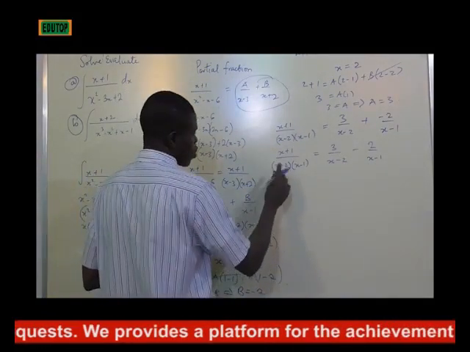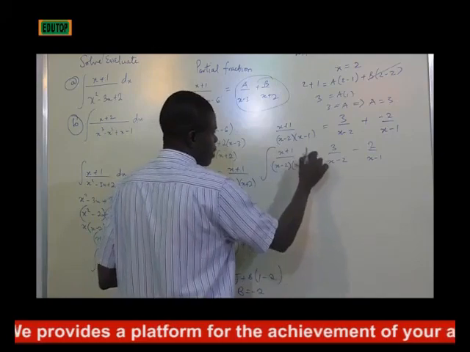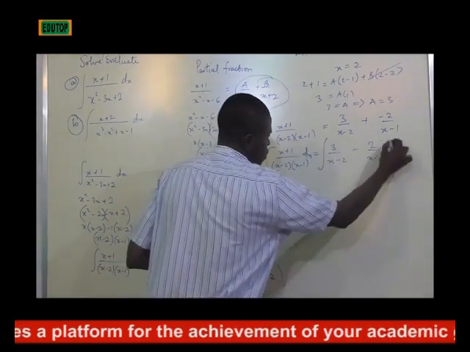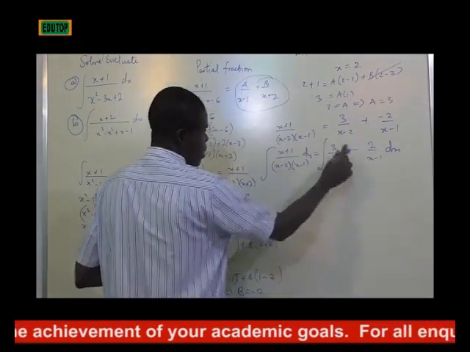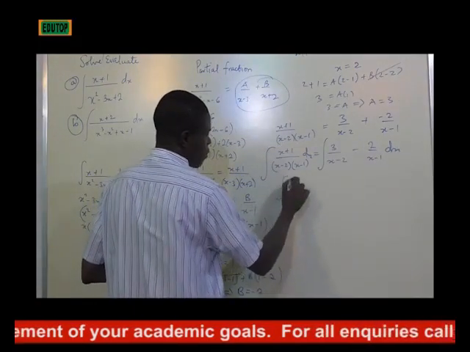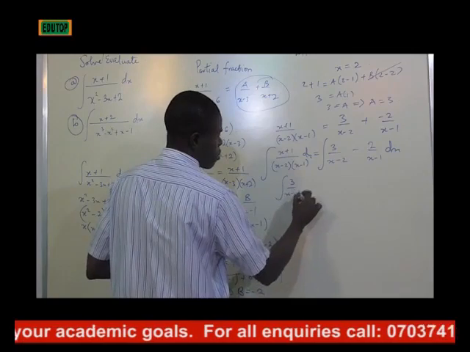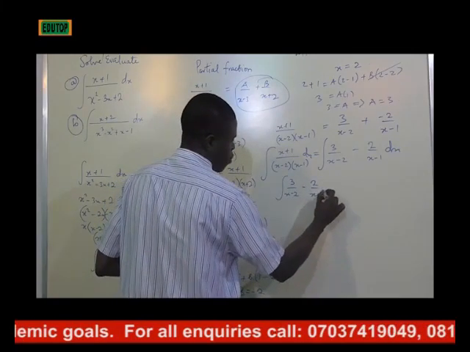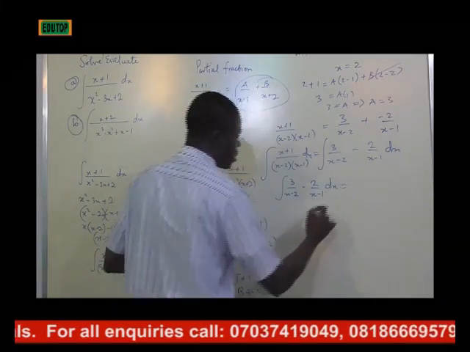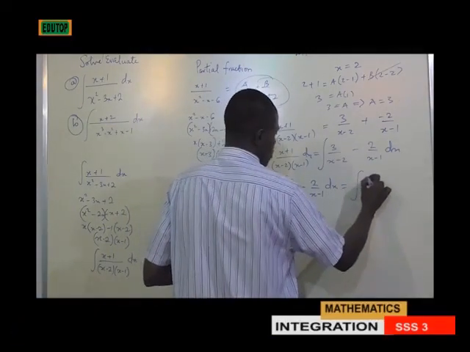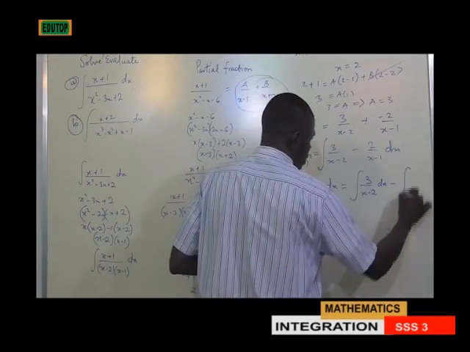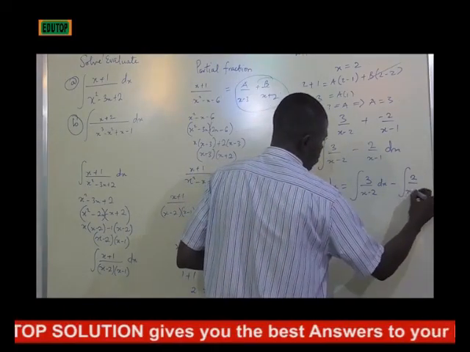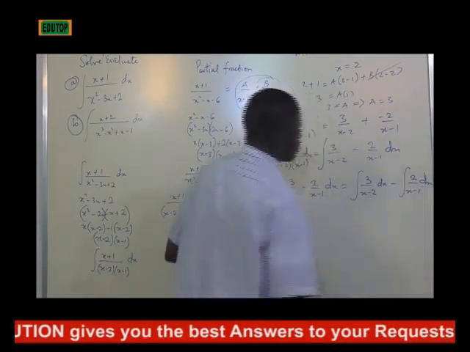So the integral of this dx is also the same as the integral of this dx, because this is giving rise to this. So I can now bring this forth. I have the integral of 3 over x minus 2 minus 2 over x minus 1 dx, which can be written as the integral of 3 over x minus 2 dx minus the integral of 2 over x minus 1 dx.